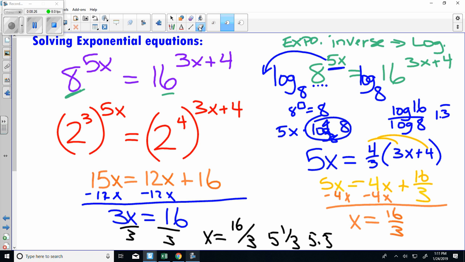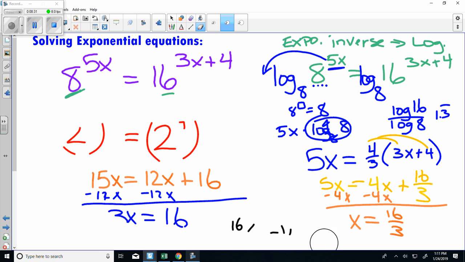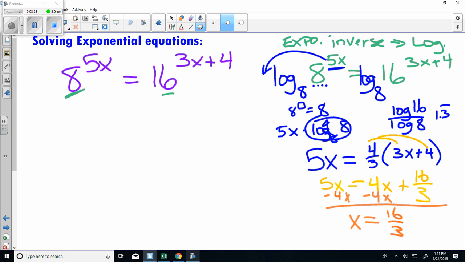The other way to do this, instead of taking log base 8 of both sides like we did over here, we could get rid of the 16 as our base first by doing log base 16 on both sides.